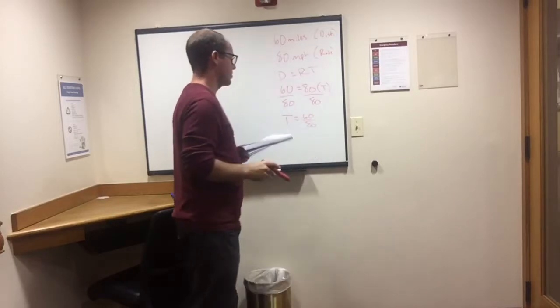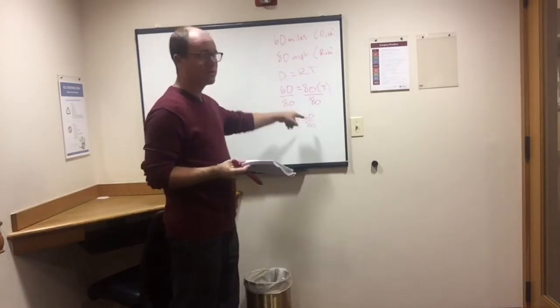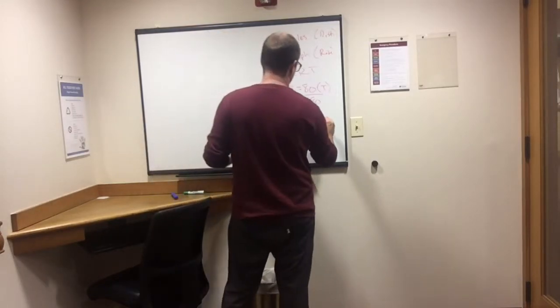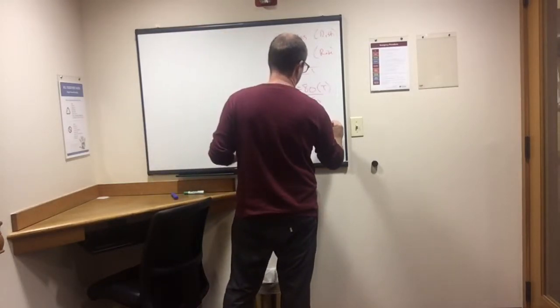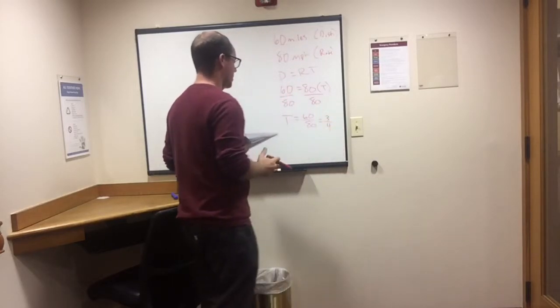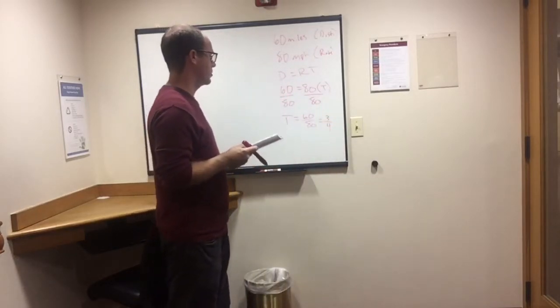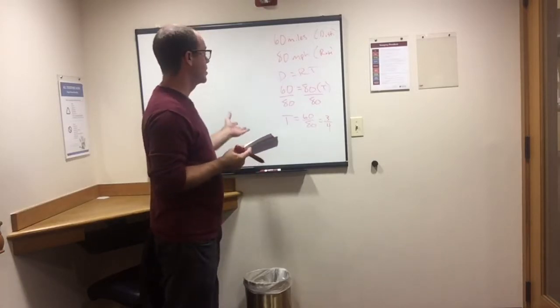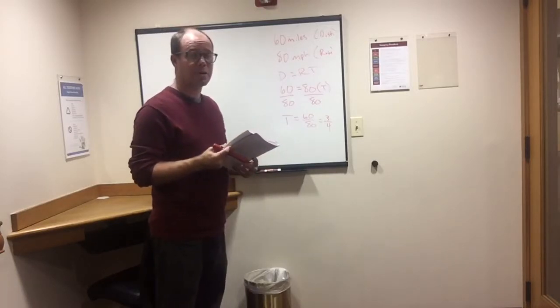If we reduce this by dividing the bottom and the top each by 20, which you need to do, we get 3/4. So t equals 3/4. What does that mean? They're saying that time is 3/4 of an hour.